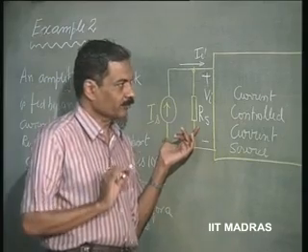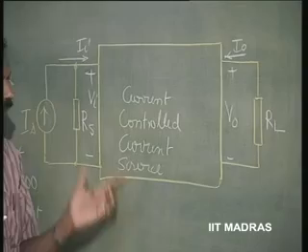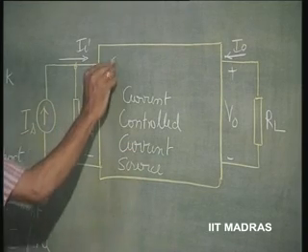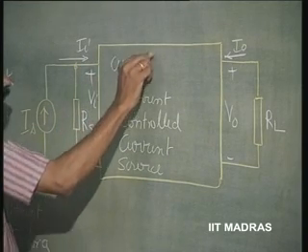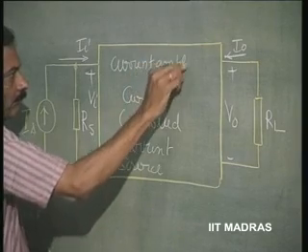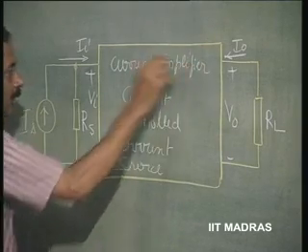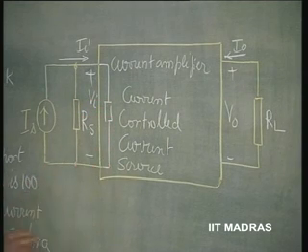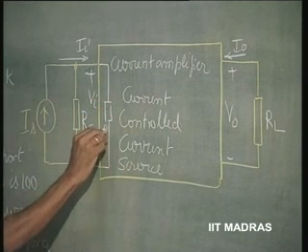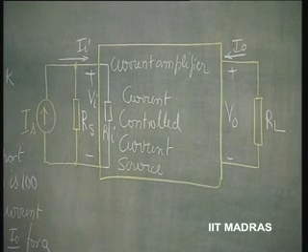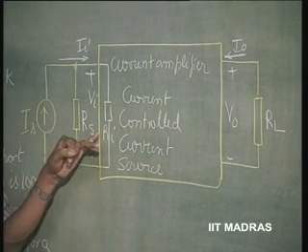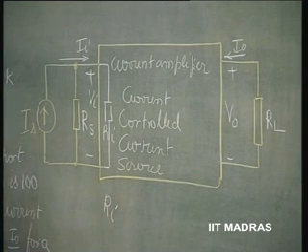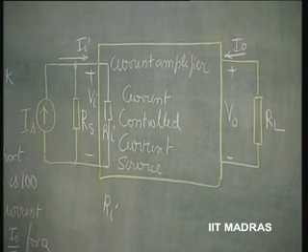Non-ideal sources can always be put down as a voltage source in series with a resistance or a current source in shunt with a resistance. Now, if this is the current controlled current source or current amplifier, in a practical current amplifier we will have some input resistance Ri, and what we want is that Ri should be a short circuit.